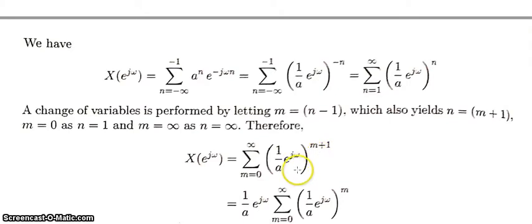Here 1 by a e raised to j omega is taken outside, and what is inside is the summation m equal to 0 to infinity of 1 by a e raised to j omega whole raised to m.